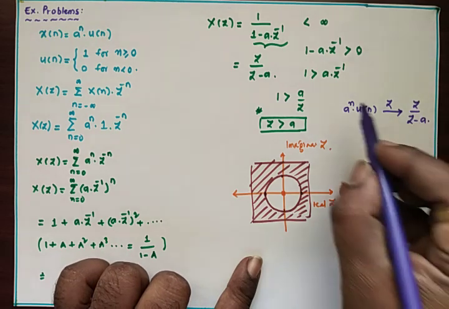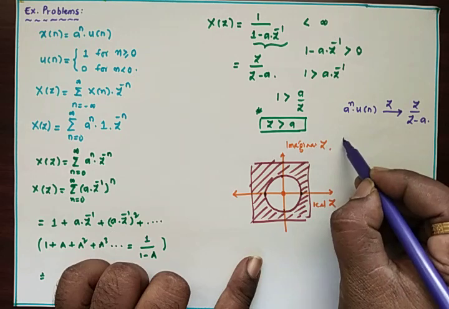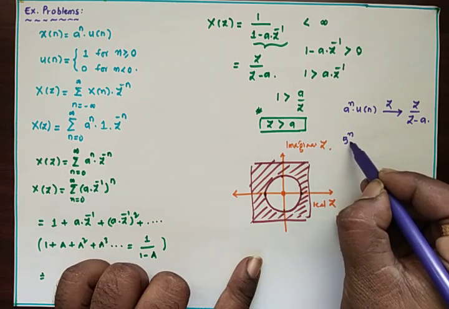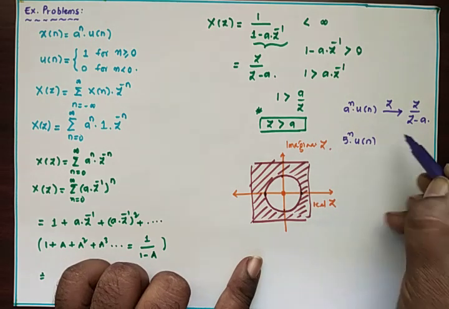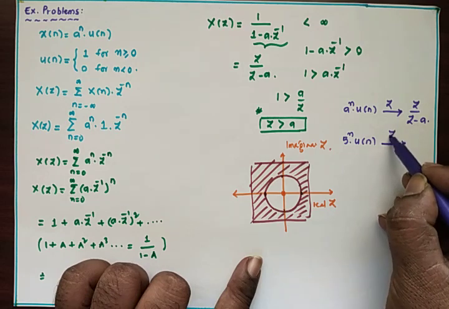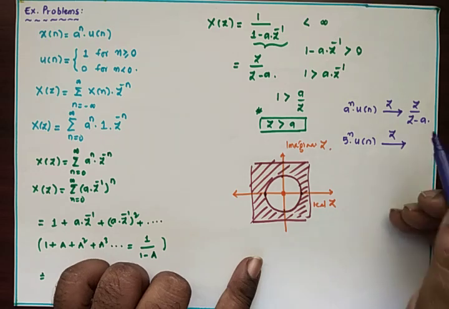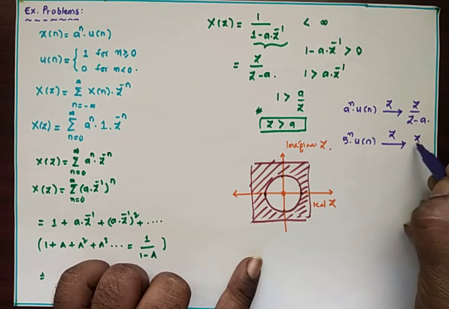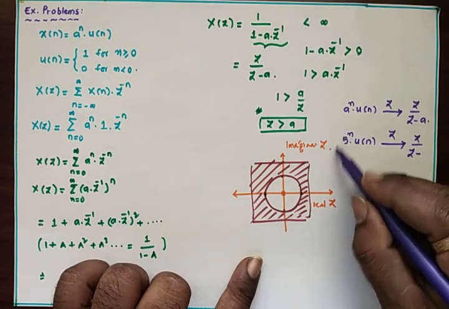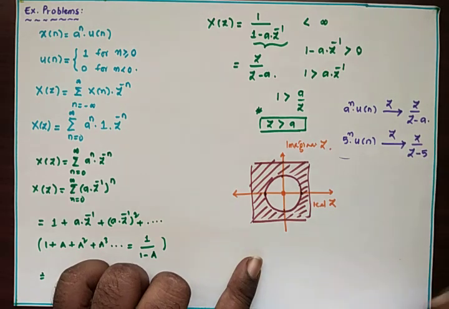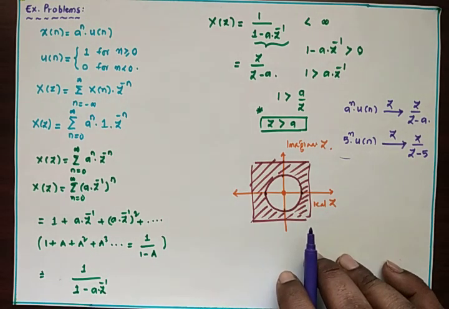So in place of a, I can take 5 to the power of n into u of n. If I apply this z transform, the z domain signal will be z by z minus 5. Like that we can easily determine the signal.